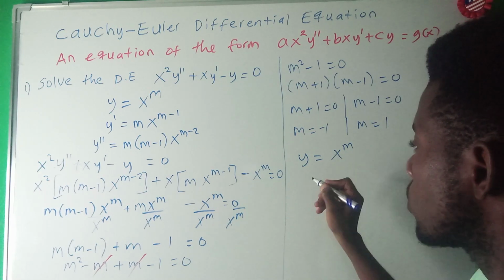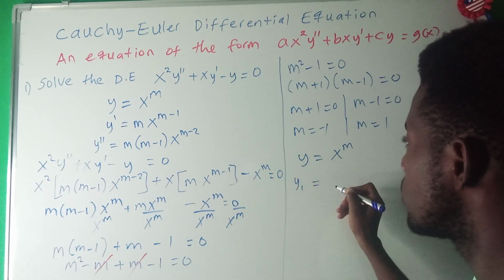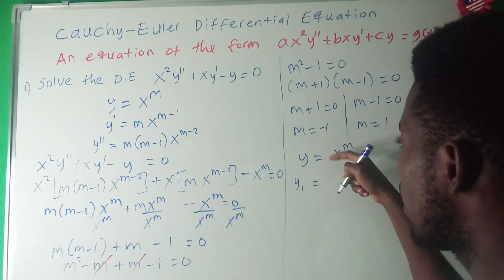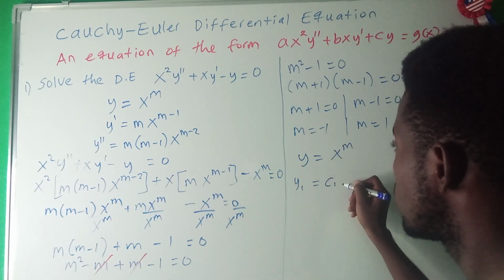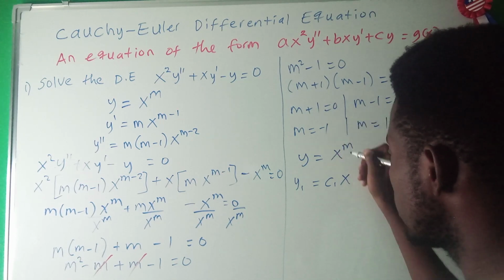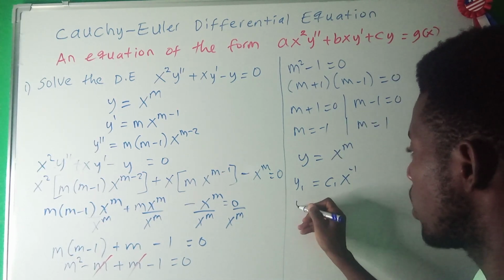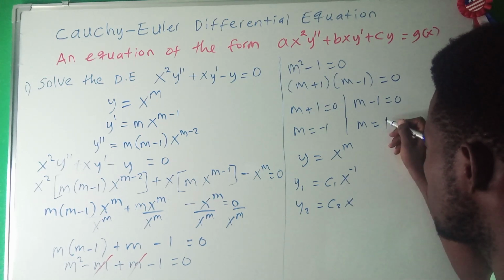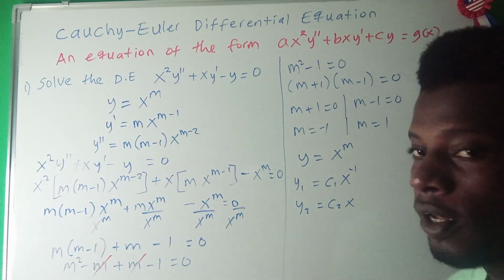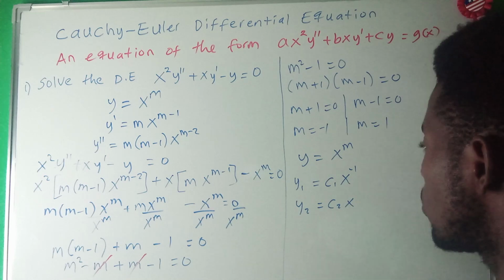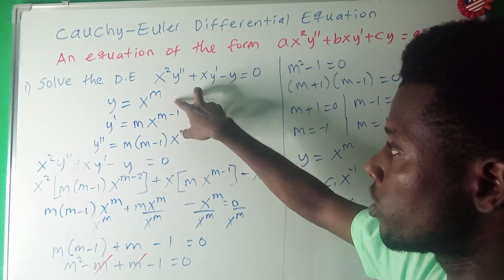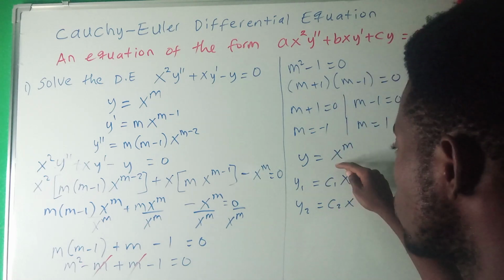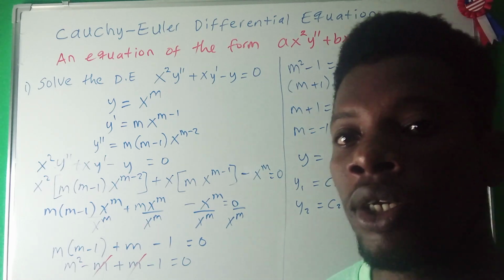So we have the first value for y1. y1 is equal to, there will always be a constant multiple, c1 x to the power m, which is -1. And then you have y2 to be c2 x to the power, the value of m in this case is 1, so x to the power 1. Now, these are both solutions to this differential equation. So I'm going to write a general solution by writing these two solutions as a linear combination.